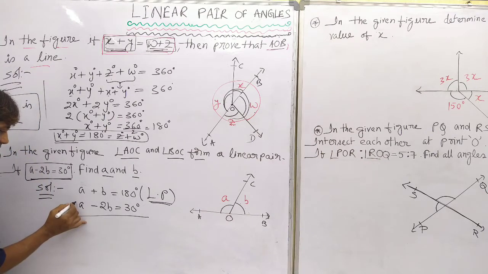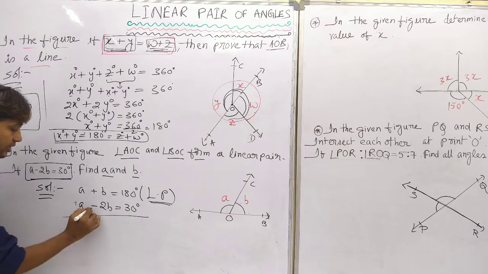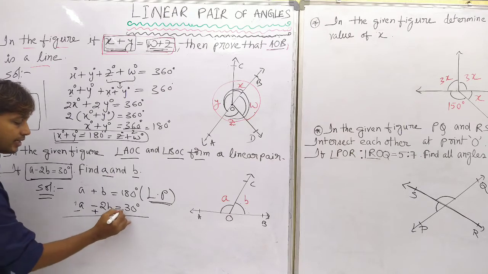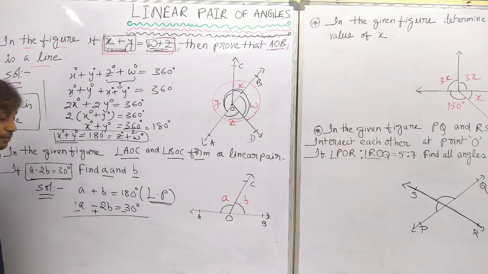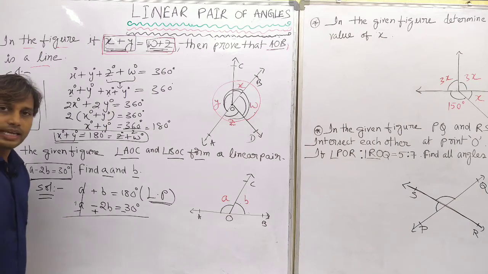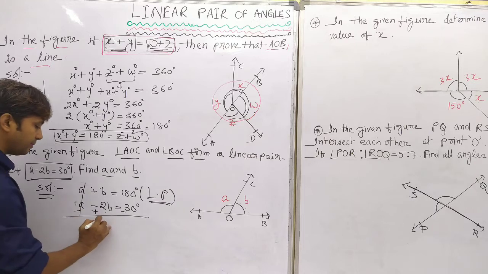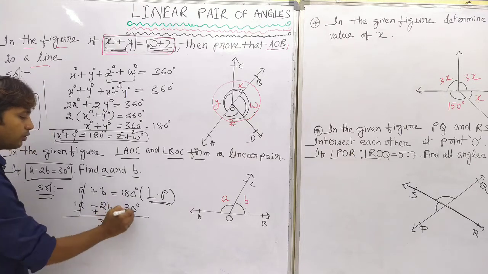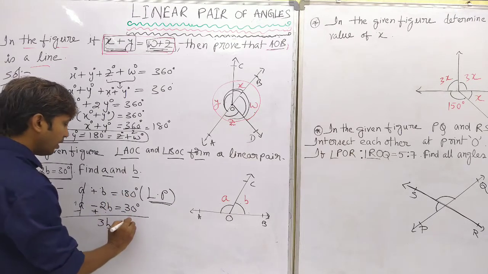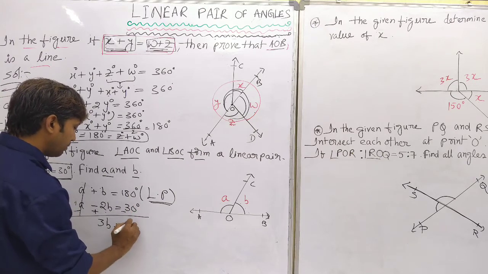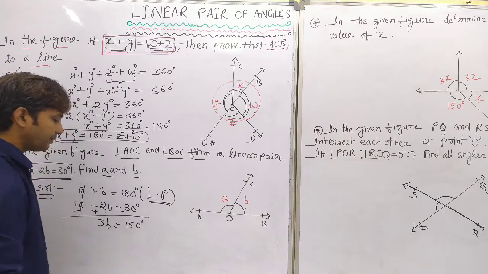Here this is plus, so we change it to minus. This is minus, so we change it to plus, and since 30 is plus, we make it minus. Now if you add them, the A's are cancelled. Here b and 2b are both pluses, so 3b equals 180 minus 30, that would be 150.